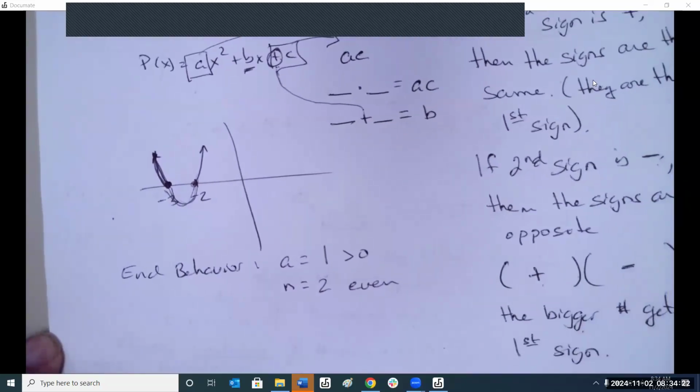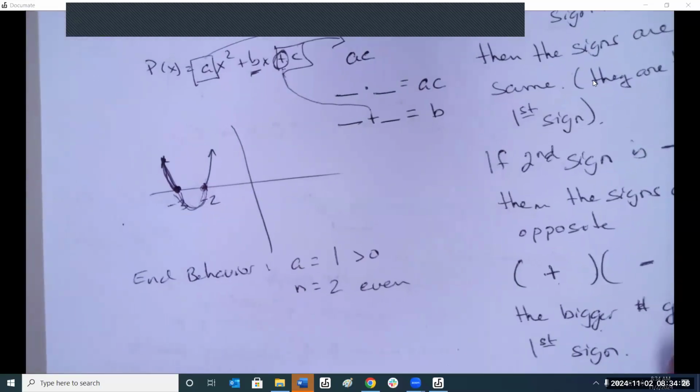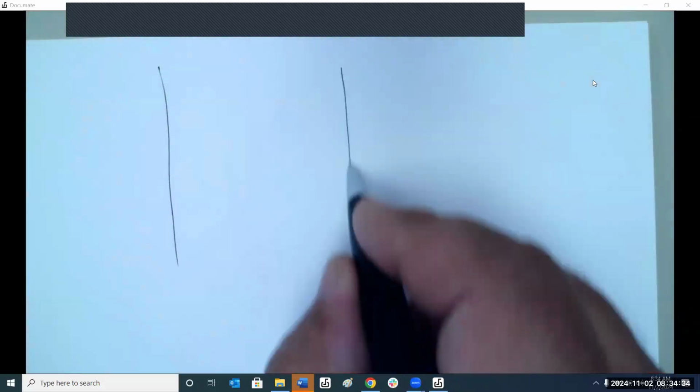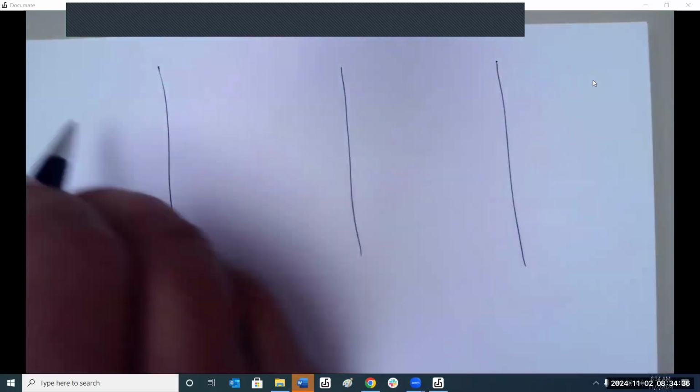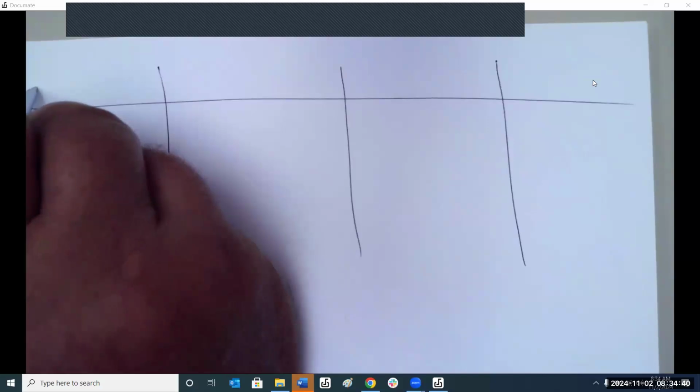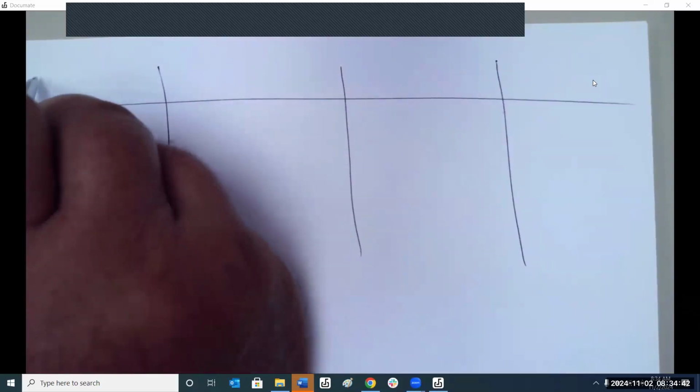So let's go back and review the factoring part of all of this, just using quadratic equations. There are 4 basic properties here. Let's go backwards first.